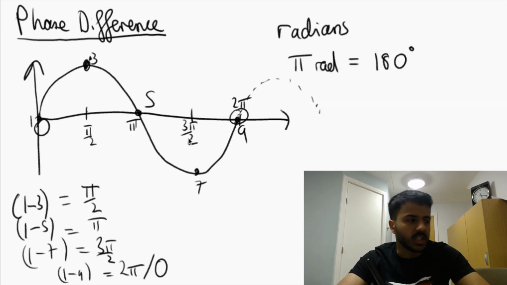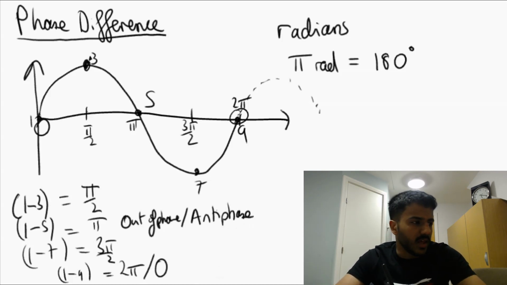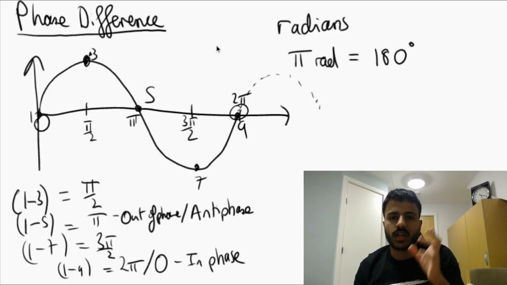When the phase difference is pi radians, we can say that they are completely out of phase, or we can say that they are in antiphase. And when they have a phase difference of 2 pi or 0, we can say that they are in phase. Now the thing you have to remember about this is that phase difference is basically measured as an angle.